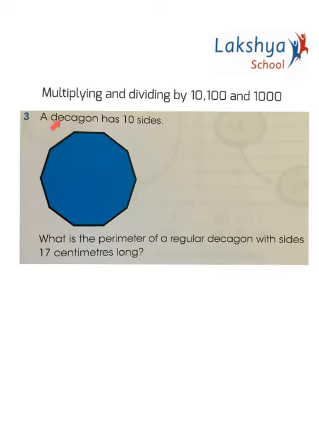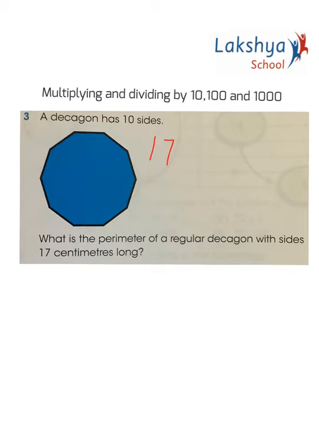Question 3. A decagon has 10 sides. What is the perimeter of a regular decagon with sides 17 centimeters long? We know that perimeter is the total measurement of all the sides in the shape. So now we also know that a decagon has 10 sides and the measurement of each side is 17.